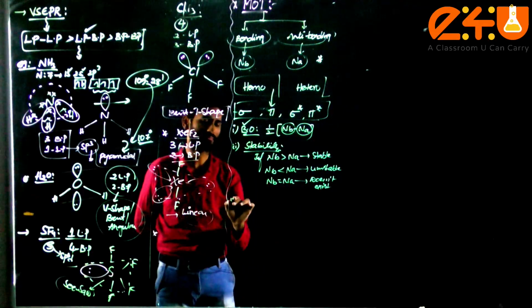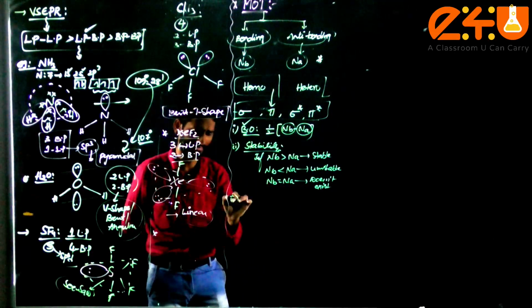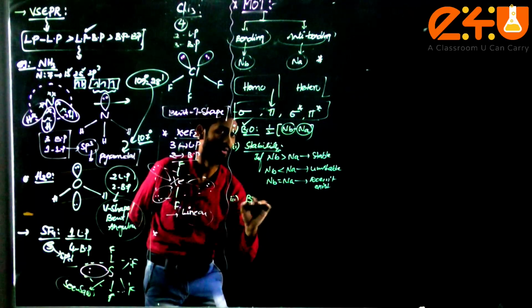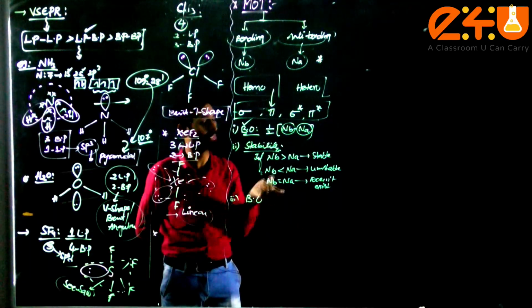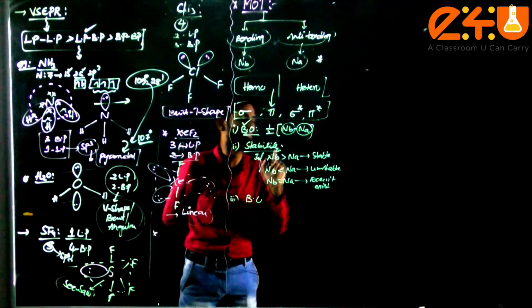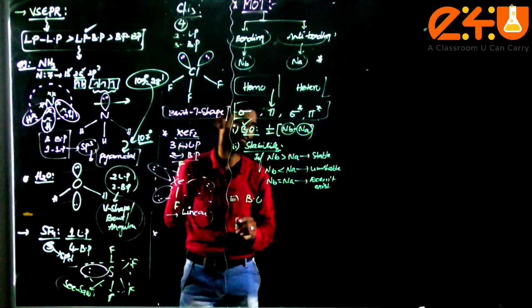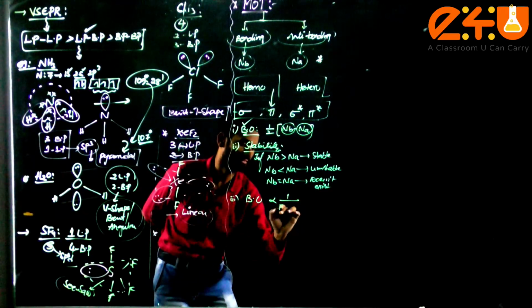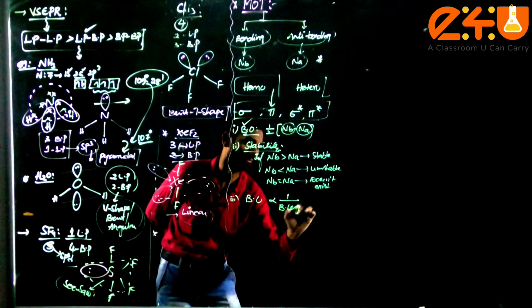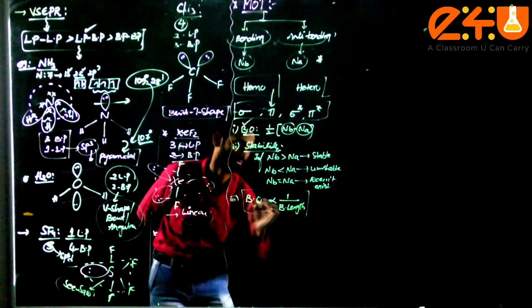Next, I am giving the entire points here. Whenever you calculate bond order, they will ask us to arrange bond length, sometimes stability, sometimes bond dissociation energy, sometimes bond energy. Bond order is inversely proportional to bond length. These are very important points, dear students.